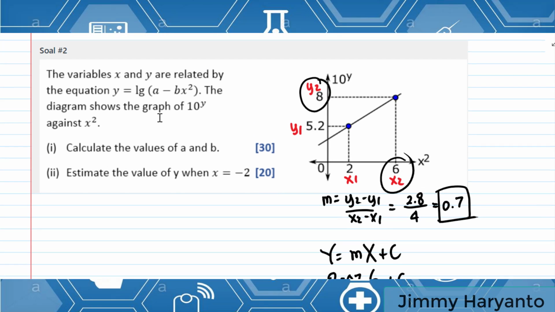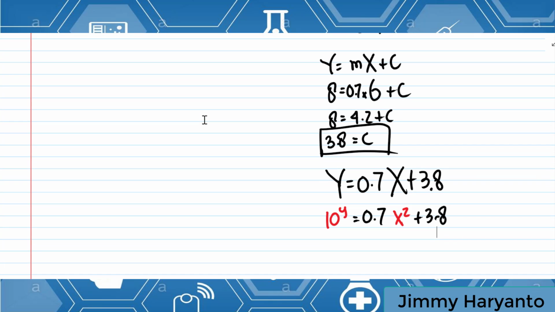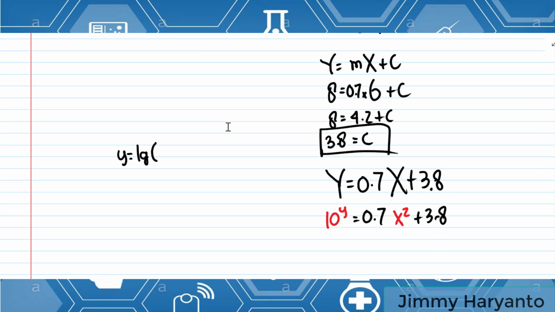Okay, the first question wants us to find the a and b. So this is the original equation. I will rewrite the original equation. Y equals to Lg in the bracket a minus bx squared. Yeah, and then we have to make it similar with the equation we get, 10 to the power of y.